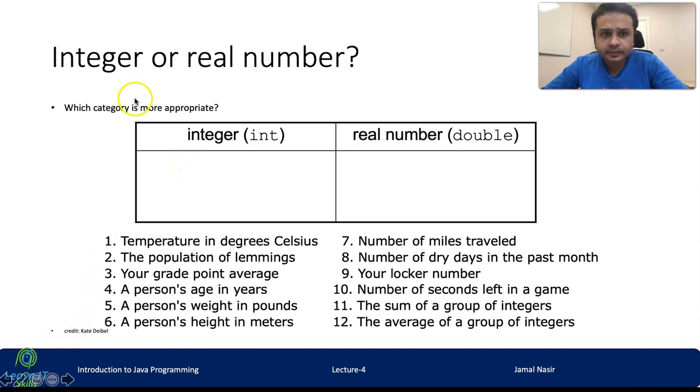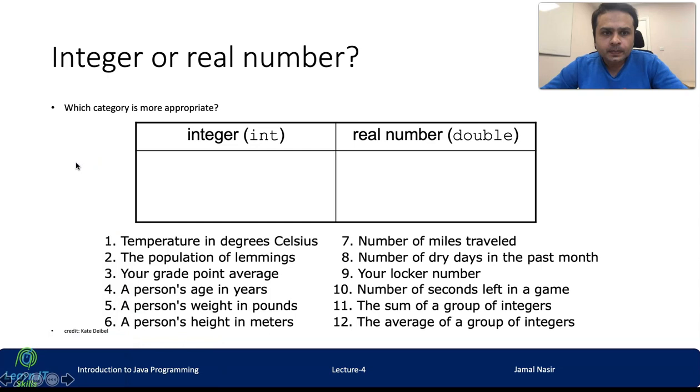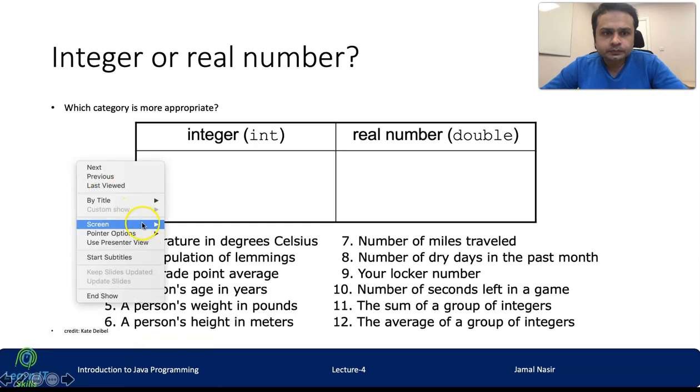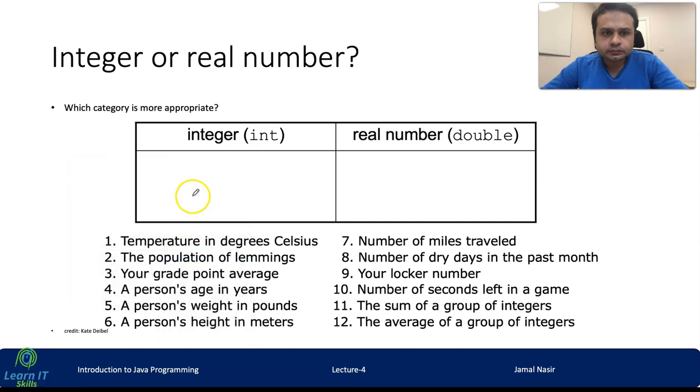What could it be? Temperature, let's suppose, could be 9.5, right? So obviously it would be a real number.